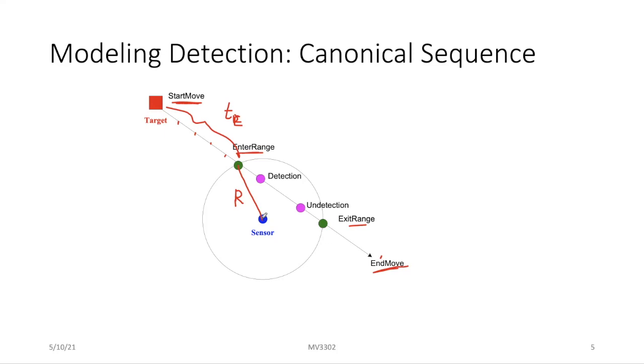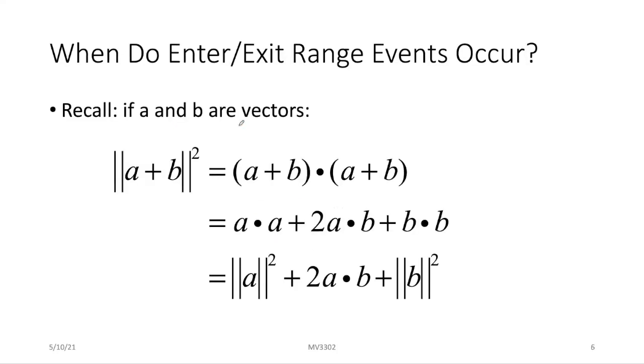Again, this is the simplest case. So now the question is, when is the target exactly distance r from the sensor? And if we can figure that out, then we have solved our problem.